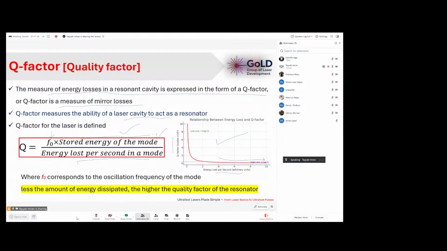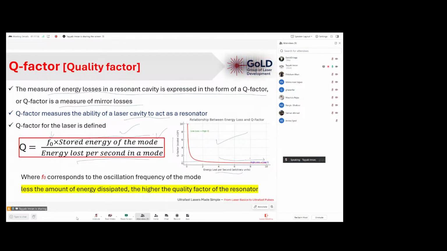Here, losses are low and the Q value is high. And here the Q value is low, so the losses are very high.